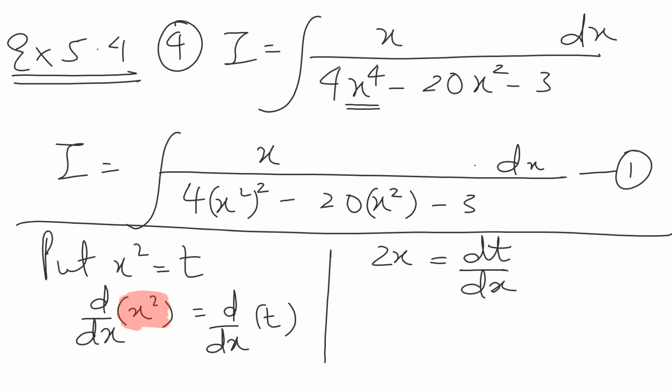Now look at equation number 1 and tell me what terms we have to club together. These are 4-mark problems which I am discussing with you right now. In equation number 1, look at x dx. These are the terms you are supposed to group. Therefore, x dx is equal to dt by 2.